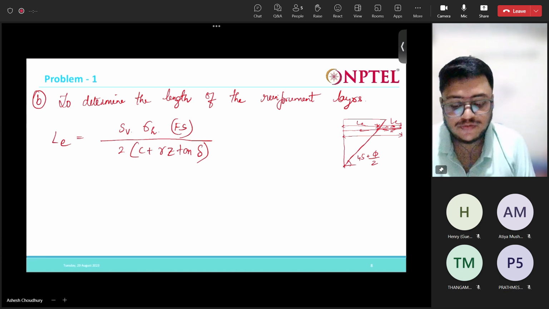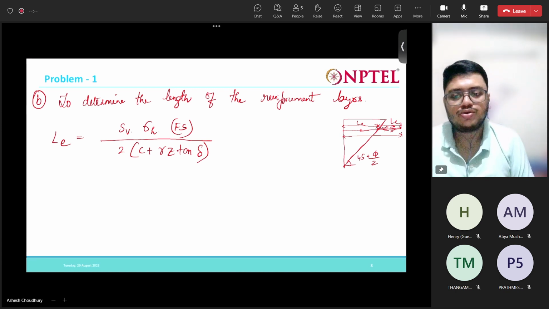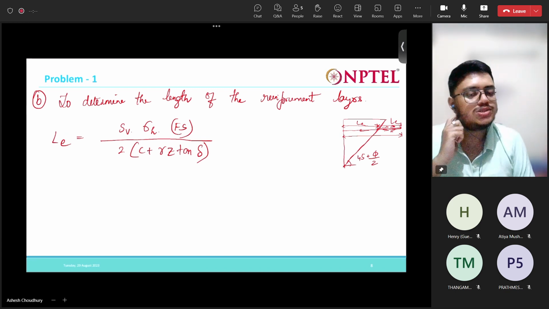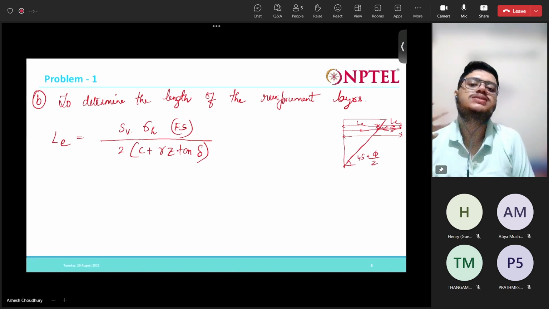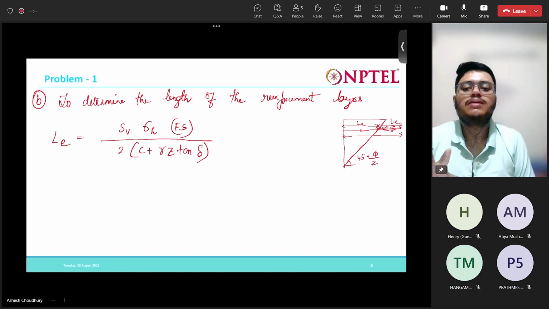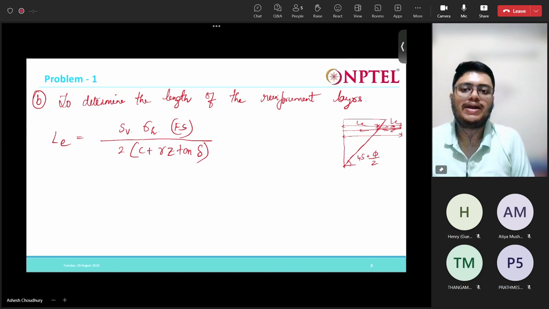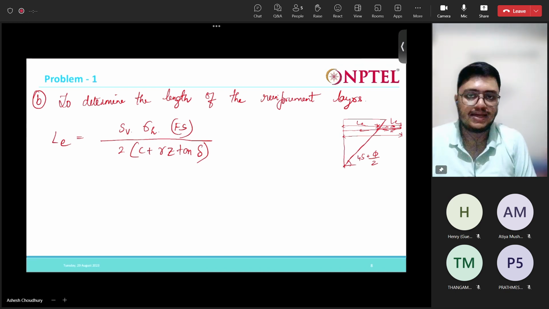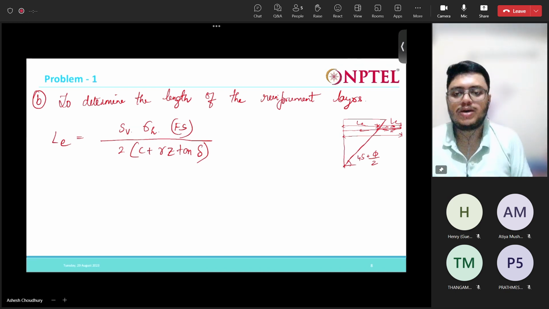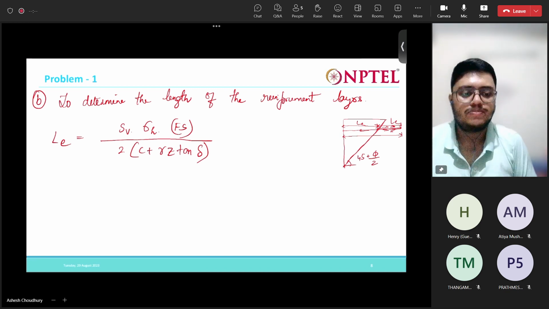And what is this SV into sigma H? That SV into sigma H is nothing but the load coming on the reinforcement. So we are multiplying that load with some factor of safety, so that our length, whatever we are calculating, is a little bit higher. So we are on the more conservative side, the safer side.